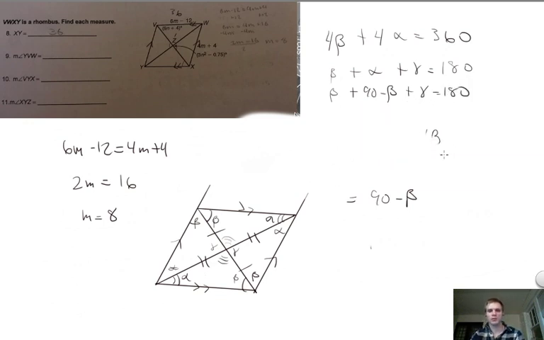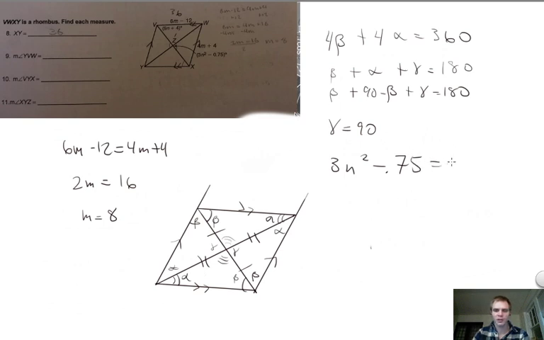Okay, I think that's it. So beta minus beta is 0, 90 plus gamma, so we can subtract 90 from both sides, and we get gamma equals 90. And then we plug in our expression: 3n squared minus 0.75 equals 90.